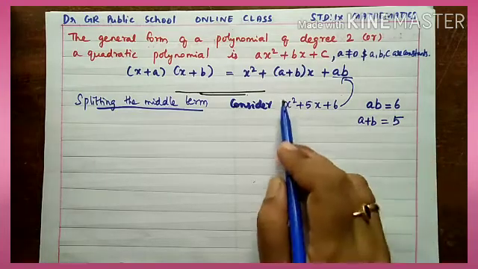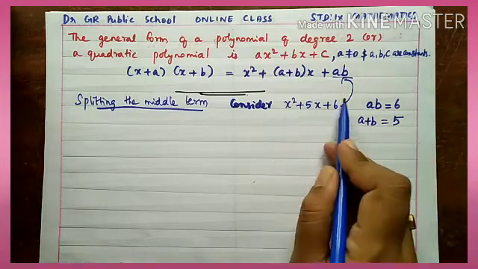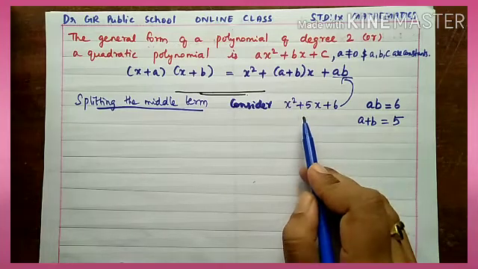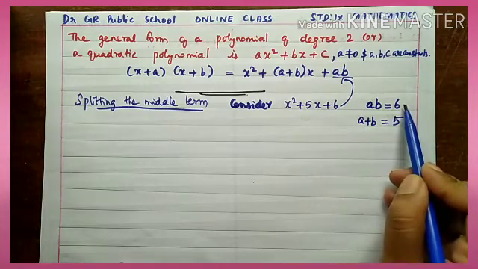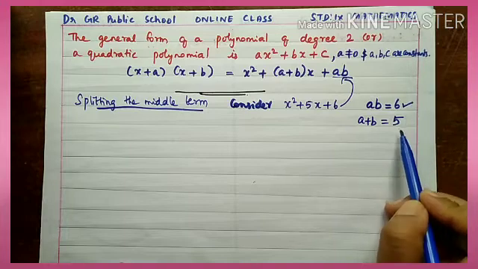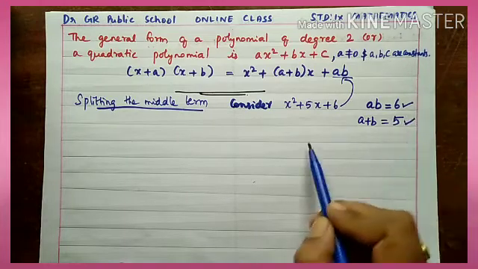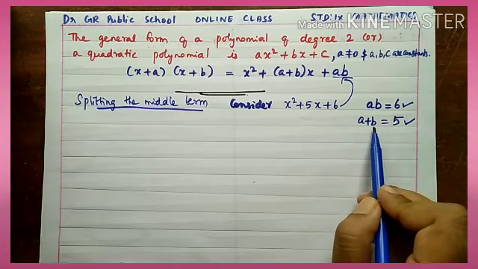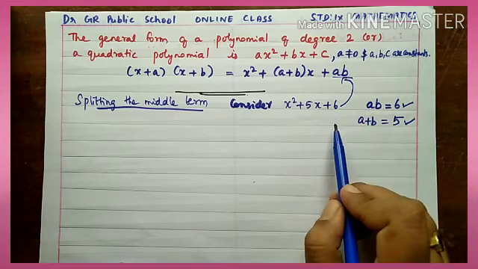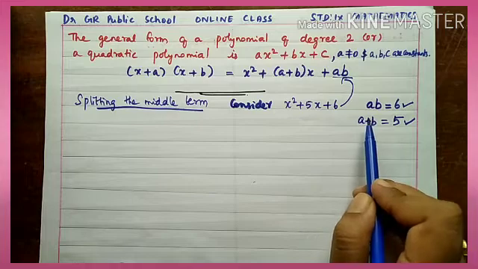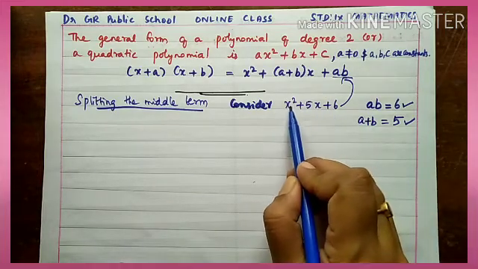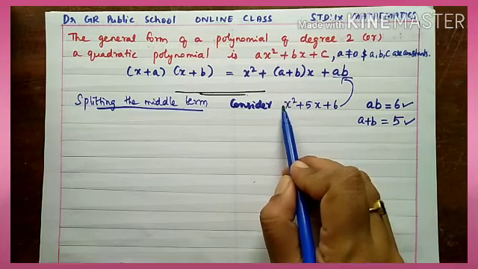So when you are factorizing this type of polynomial, the first thing is you write the product and the sum as the constant term and the coefficient of x. Now we are going to find two numbers, and this is very important, the coefficient of x square is 1 here.